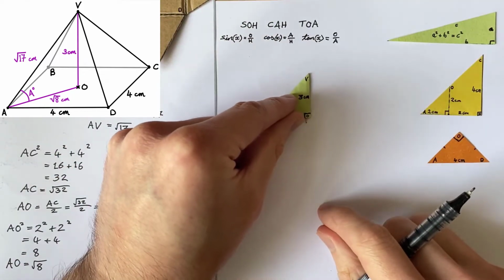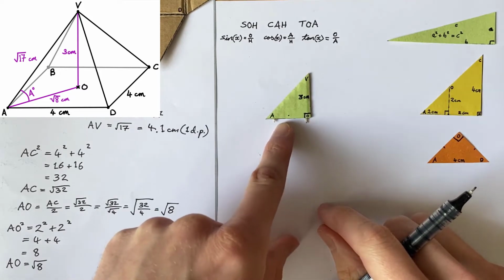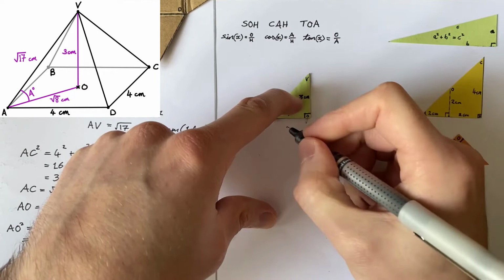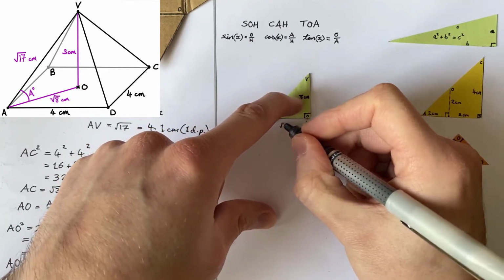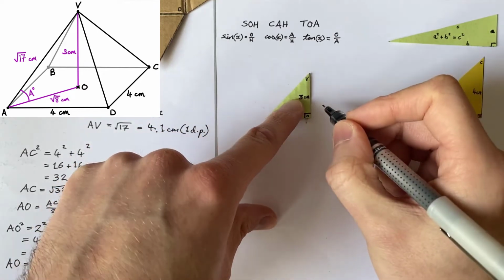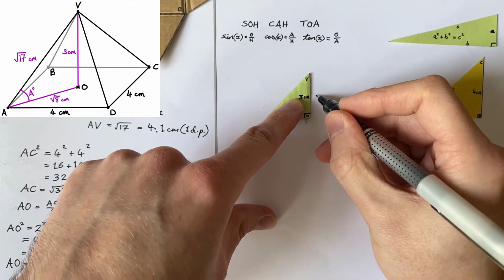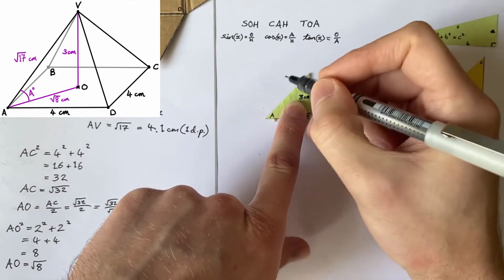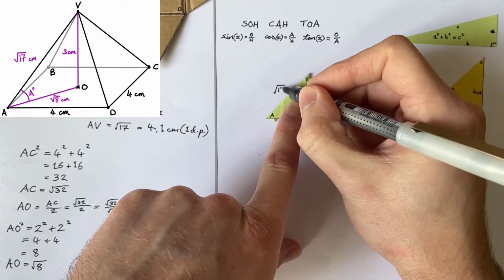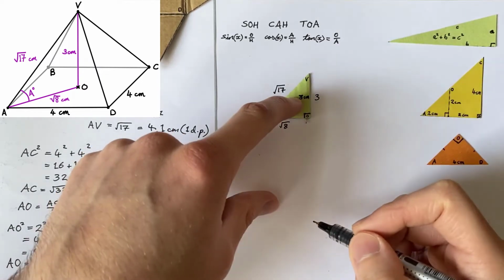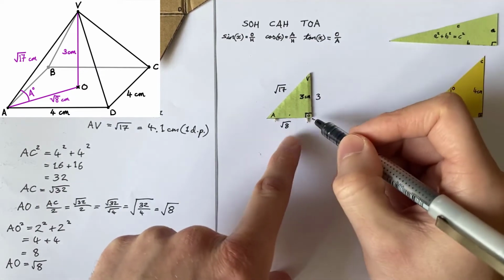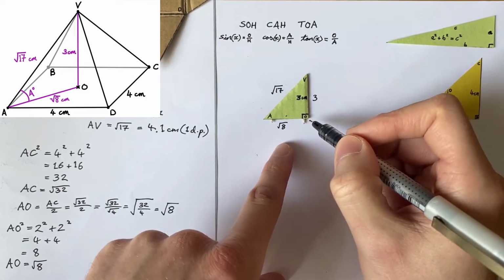And so then we're using trigonometry. We have to think about the lengths that we got before. We had AO equaling the square root of 8 centimeters. The height here is 3 centimeters, and we found AV as being square root of 17 centimeters. And then if we label it the usual way, the hypotenuse is the longest side, opposite the right angle.